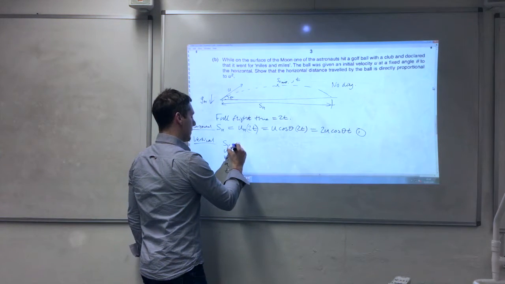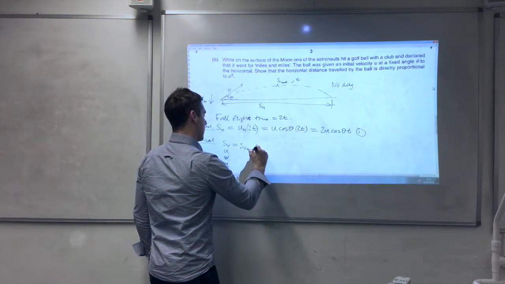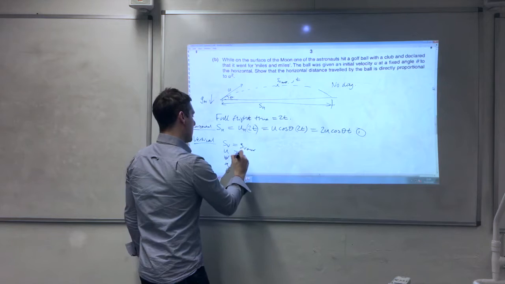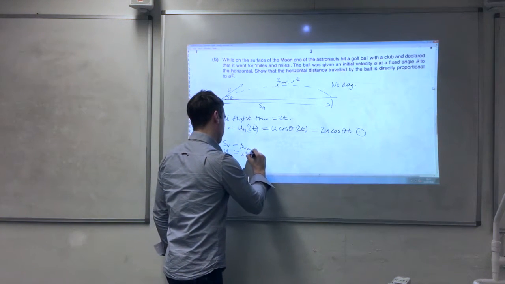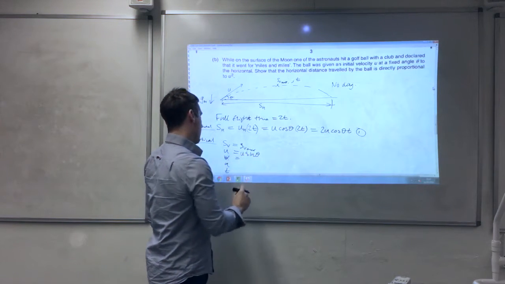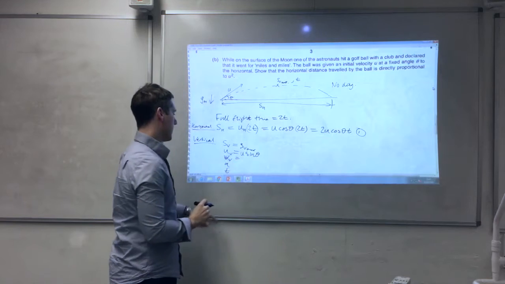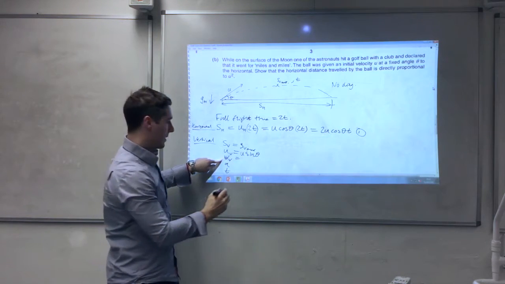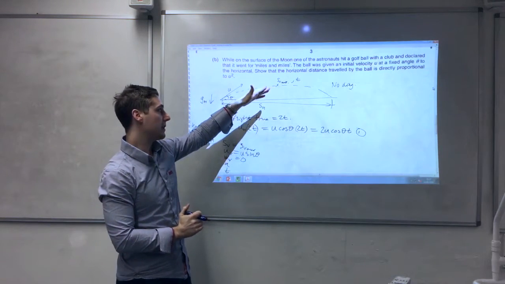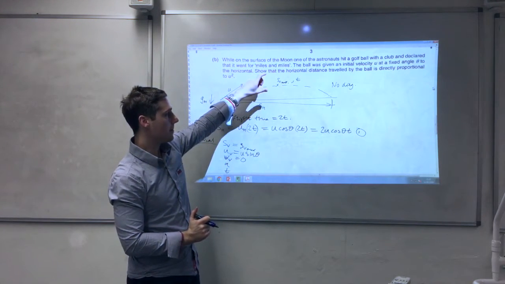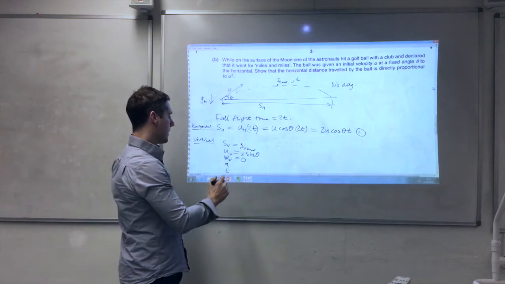So this is going to be SV max, or you could call it h if you wanted to. The initial velocity is u sine theta. I'll call these vertical. V is 0. So when it reaches maximum height, the vertical component of the velocity is 0. At that instant, the velocity is about to change direction.